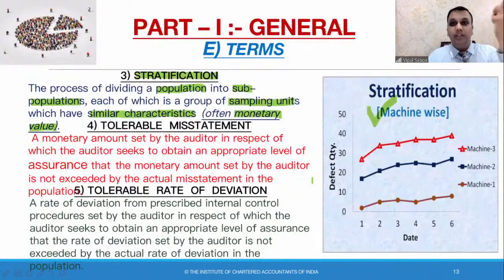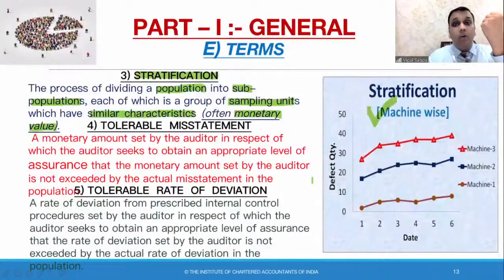So I take up that subgroup from the population. And I want to analyze the data that during the last week, during the last 6 days, the machines which were working with the aid of power, there were certain electricity cuts. We were working with generators.